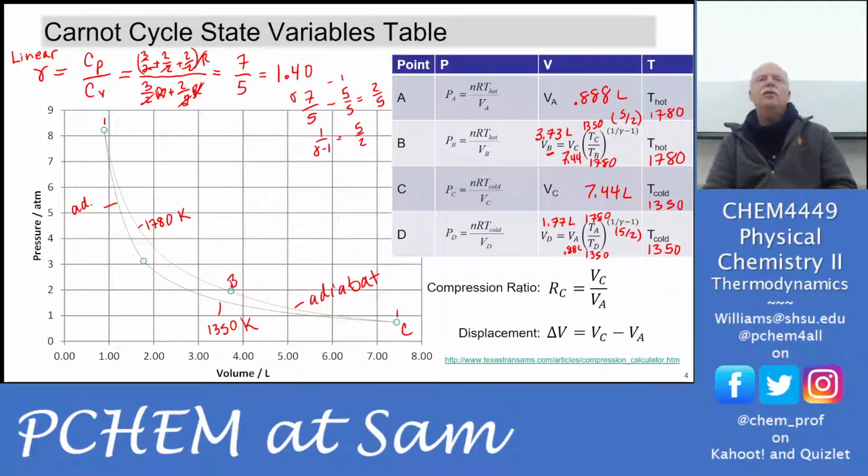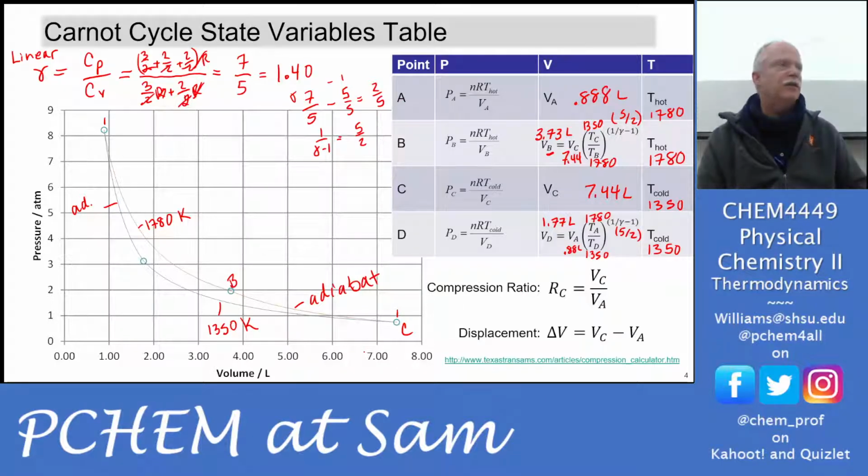So now we have 2 full columns of our state variables table, and we can do the ideal gas law to get all our pressures. Again, making sure you have your correct temperatures, we can calculate our pressures. Number of moles was 0.05.